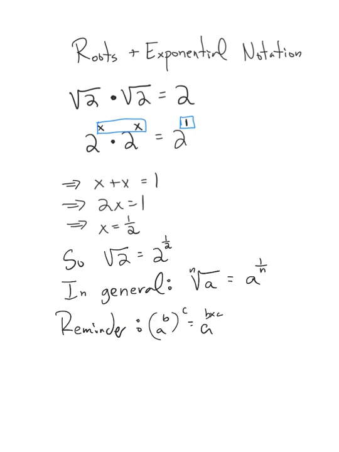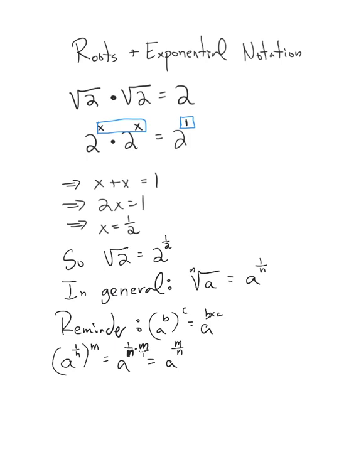So if we have something along the lines of a to the 1 over n to the power m, well, this is the same as a to the 1 over n times m, which is a to the m over n. You can think of m, of course, as m over 1, and then multiply fractions.